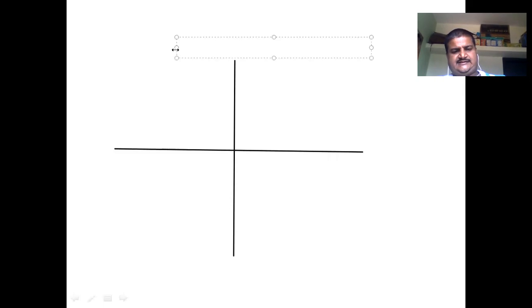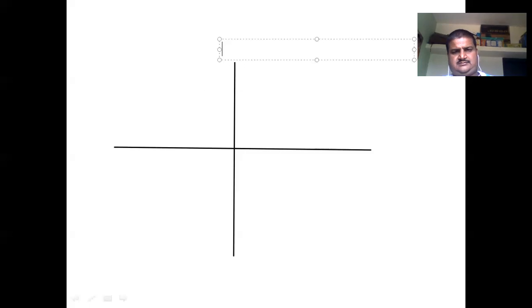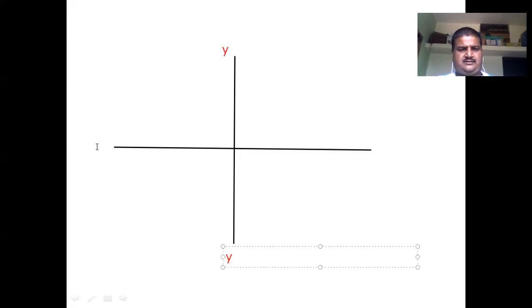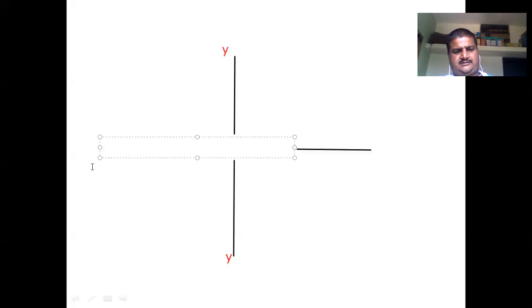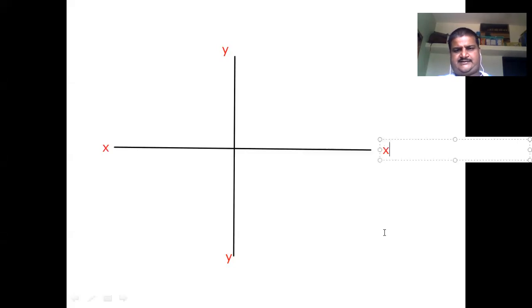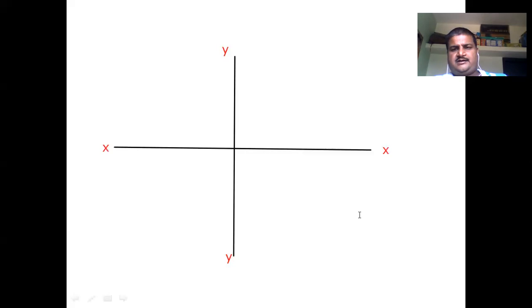This is y, and the horizontal is x. Now this arrangement we have previously seen and drawn in our notebook.